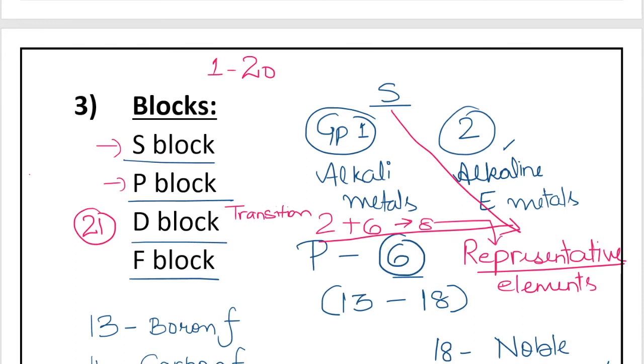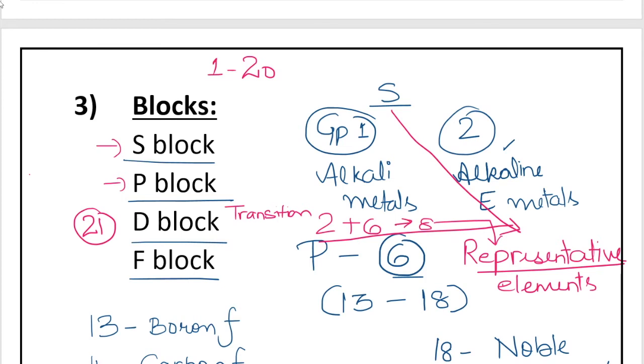Transition. What is transition? Transition means a change, a slow change. So the S and the P, there are lots of properties of S and P that are completely different from each other. So D is like a bridge that is connecting the S and the P. That is why it is known as transition metals.